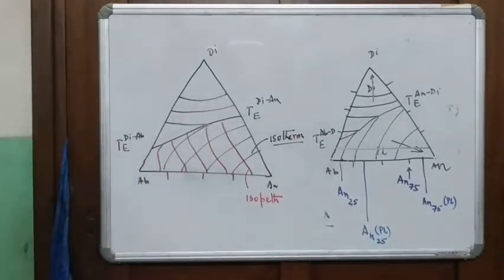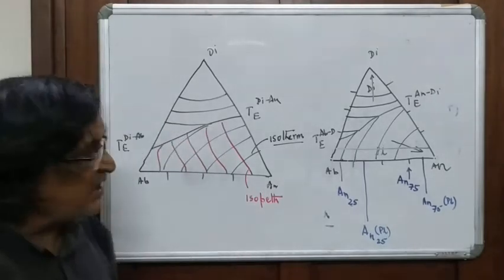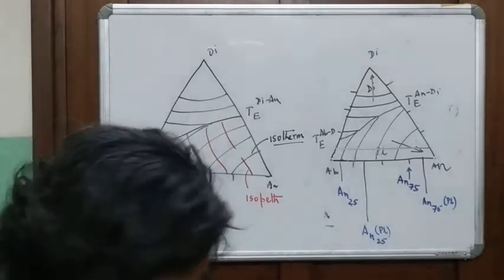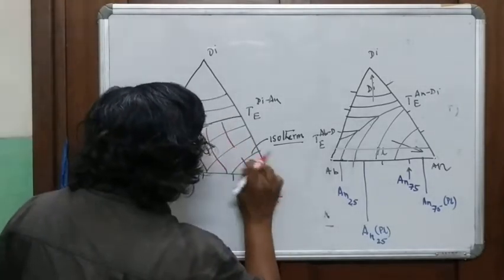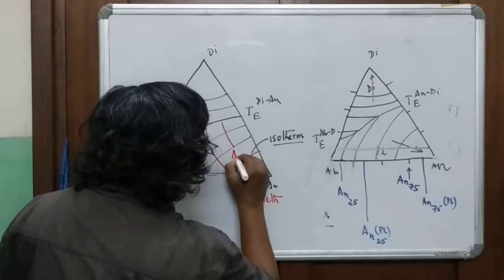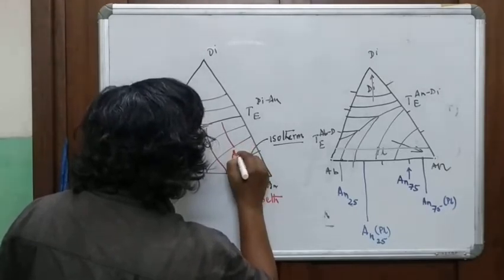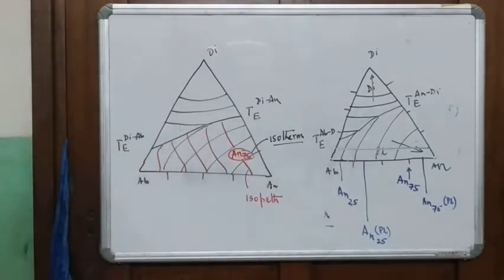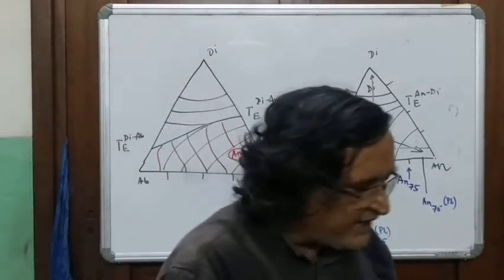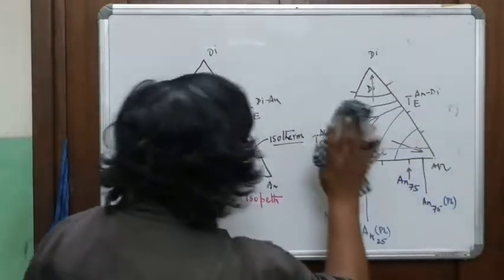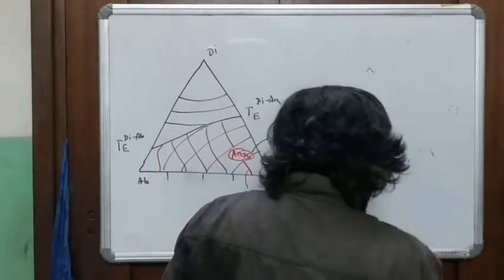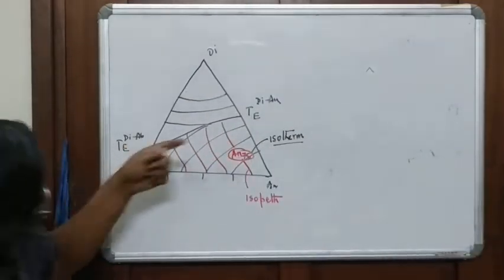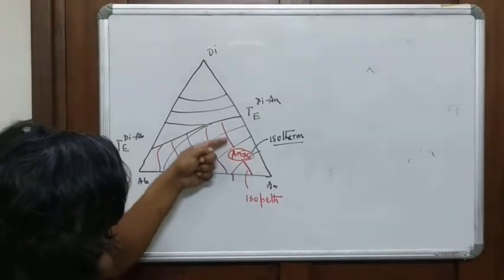Have you understood? Now, what is this isopleth? Say for example, I will just draw it, you can read more details in the book. Say this is the AN75 isopleth. What does that mean?